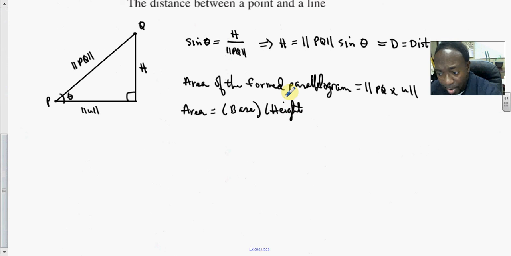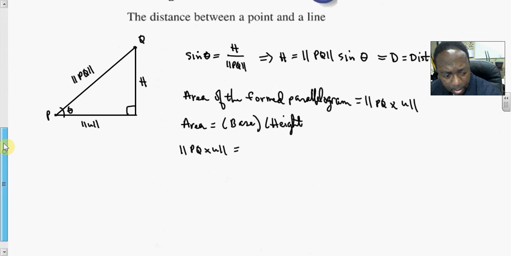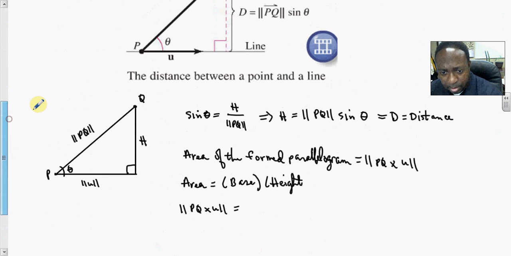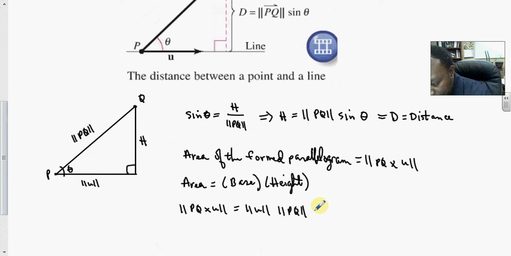is the base times the height. So the area, this norm of PQ cross product with U, is equal to the base, which is the norm of U, and then the height, which is the norm of PQ times sine theta, right?